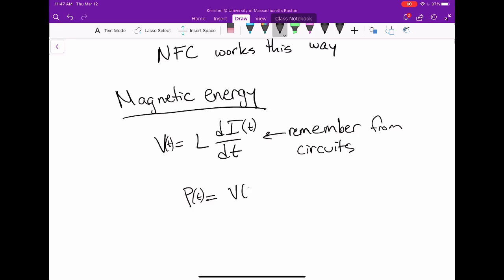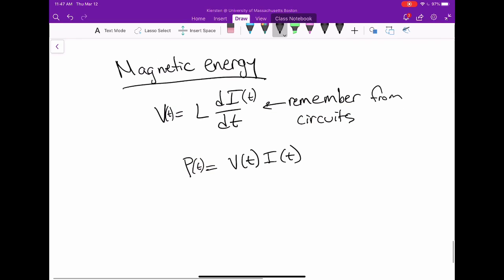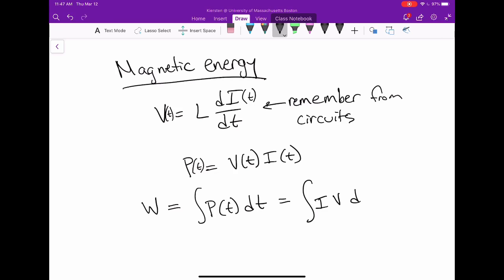And in the time domain, voltage times current gives you power. And the total amount of energy that you deliver to something is just going to be the integral of power with respect to time, which means that would be the same as writing IV dt, right?